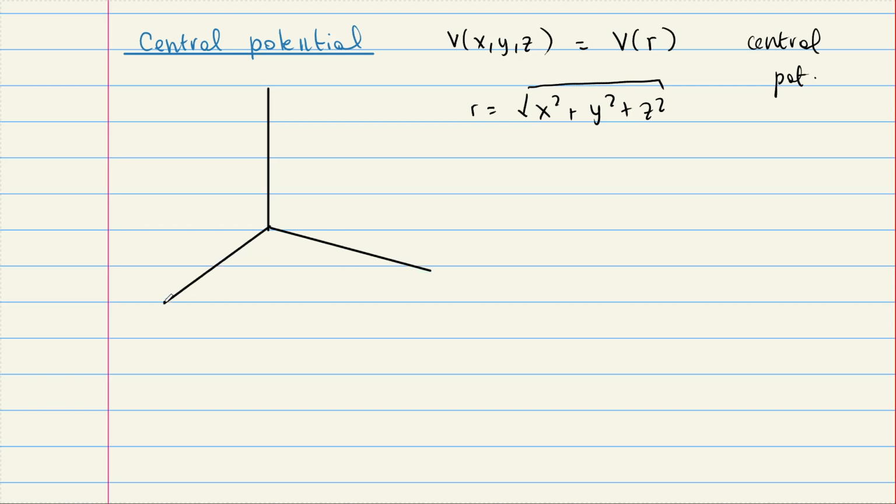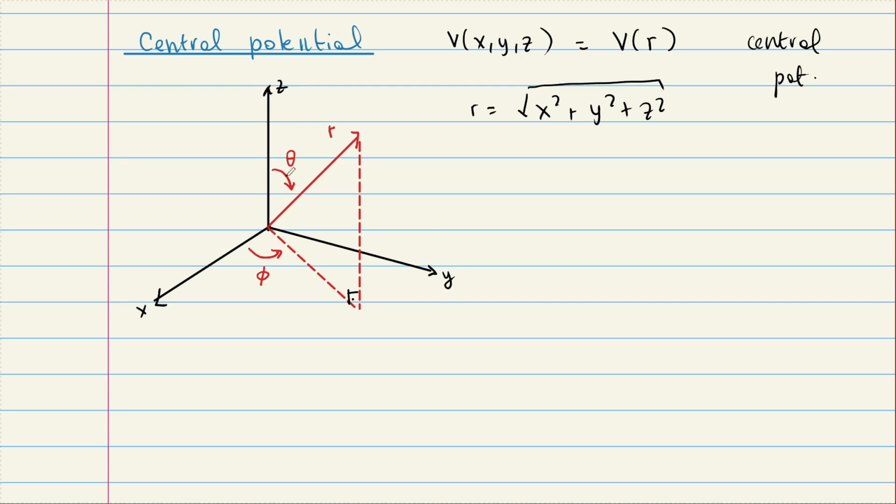So this is my Cartesian coordinate. So I have some vector. This vector has some perpendiculars. So this is perpendicular. So this is r. This angle I'll call theta, and this angle I'll call phi, and this thing is x, y, and z.